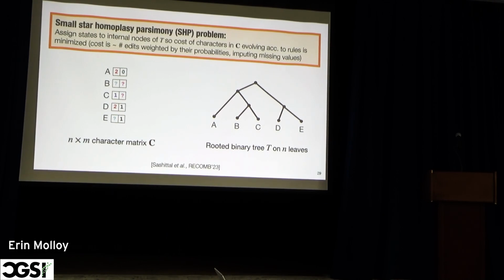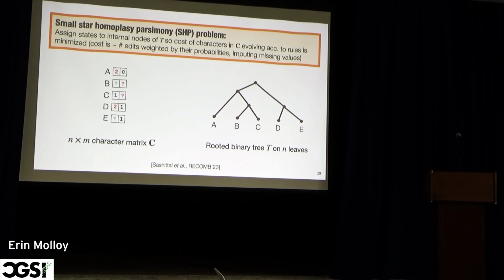Henry Schmidt and Ben Raphael are also on this paper. It's basically used to denote that we're obeying the rules that I just told you about in terms of what edits are allowed. And so the small problem says that we want to assign states to the internal nodes of the cell lineage tree T, so that the cost of characters in our matrix evolving according to our rules is minimized.